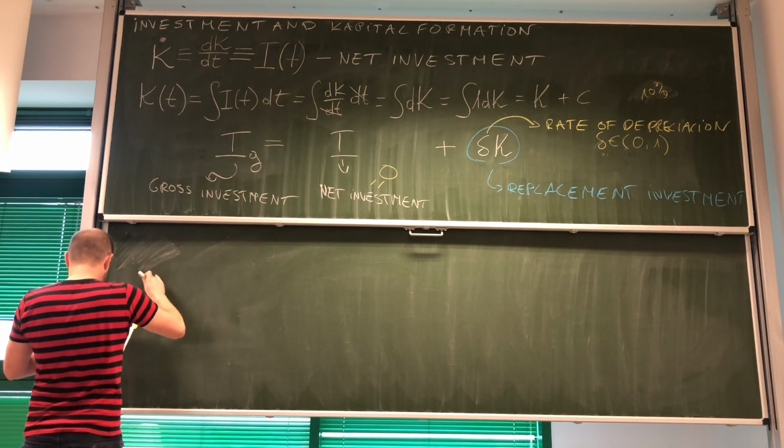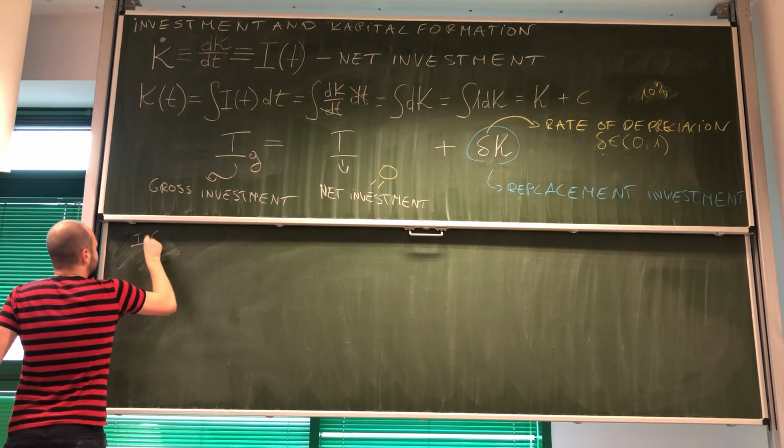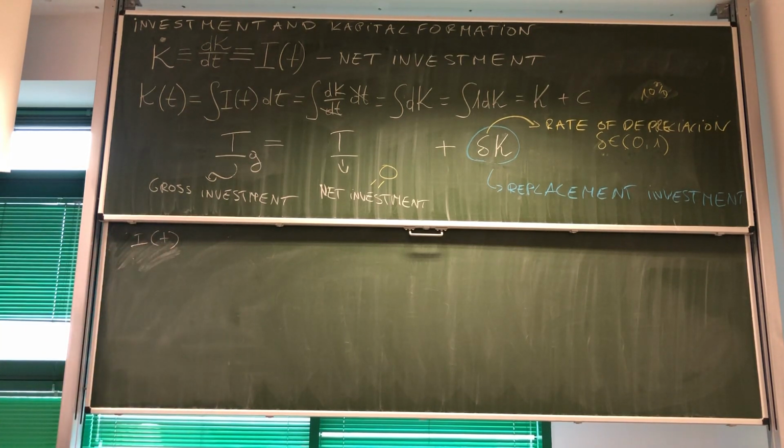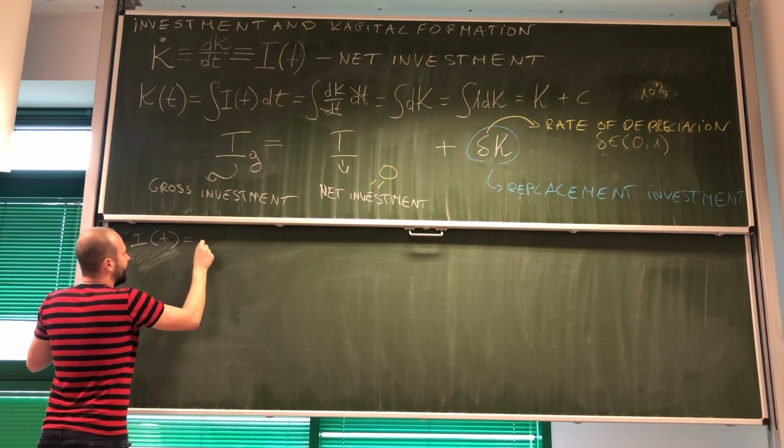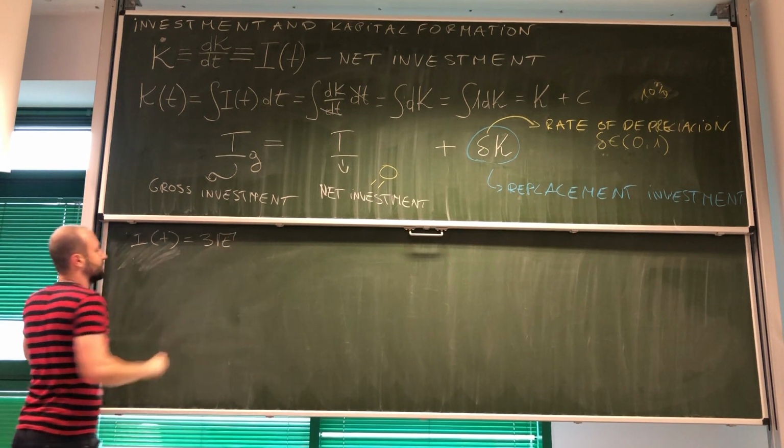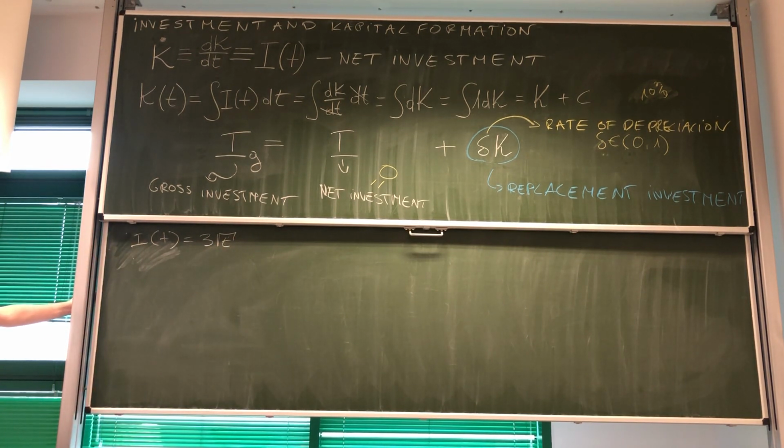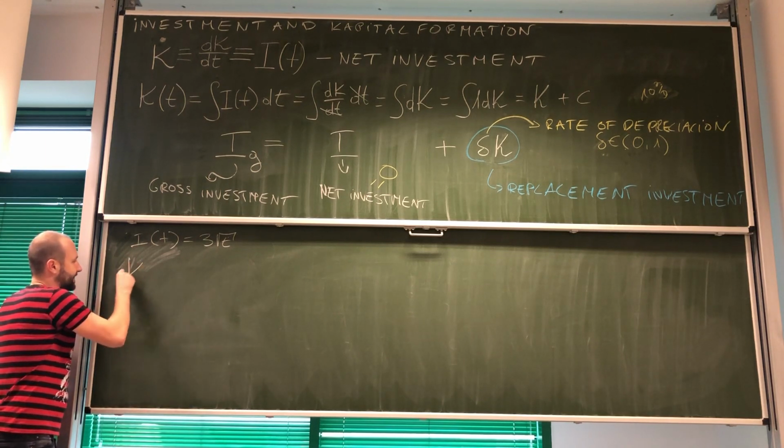Okay, so our investment function, let's just say, is equal to 3 times square root of t. Okay, knowing this, how can we obtain the level of capital in a given economy? Okay, so we got that K(t).